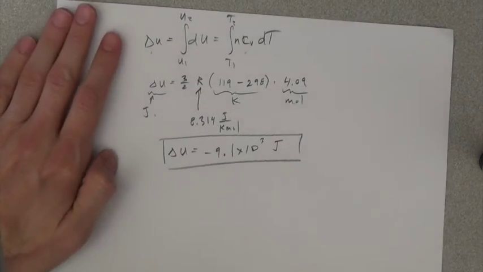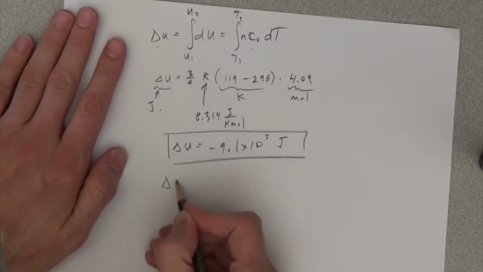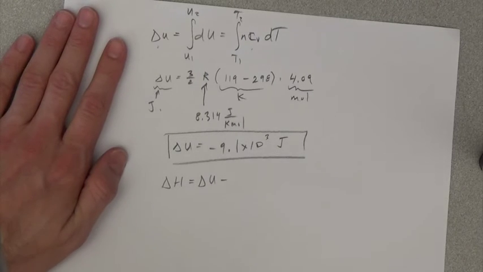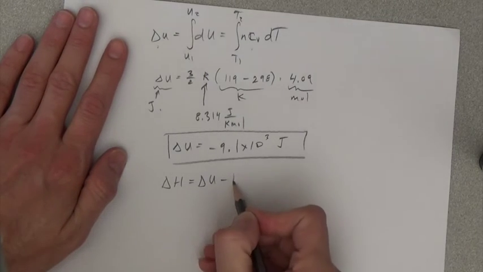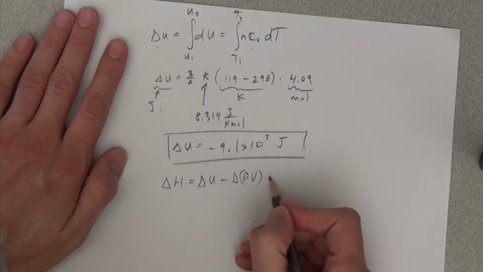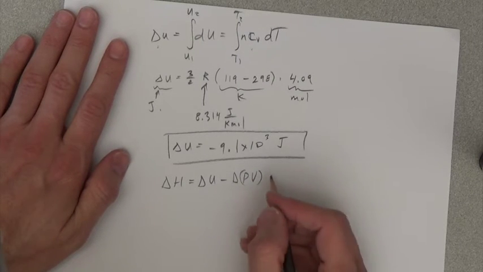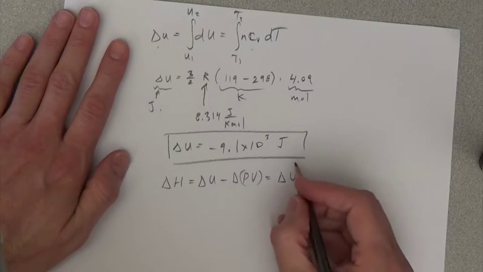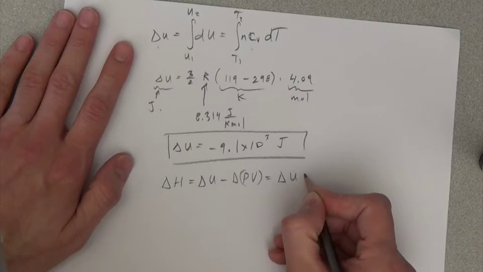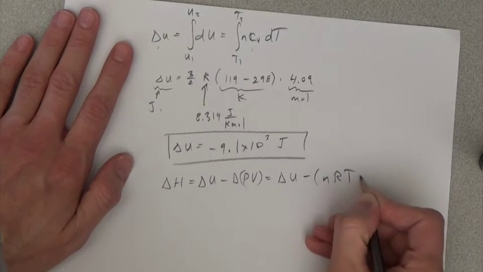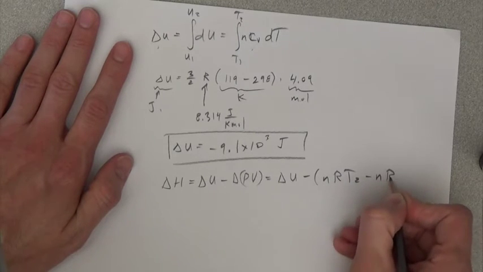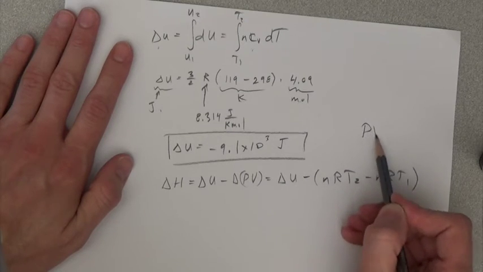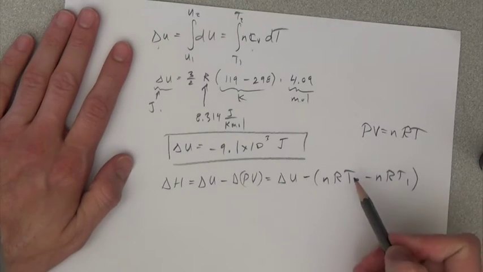And then, by definition, delta H is equal to delta U minus delta PV, which is equal to delta U minus nRT2 minus nRT1, using PV equals nRT.